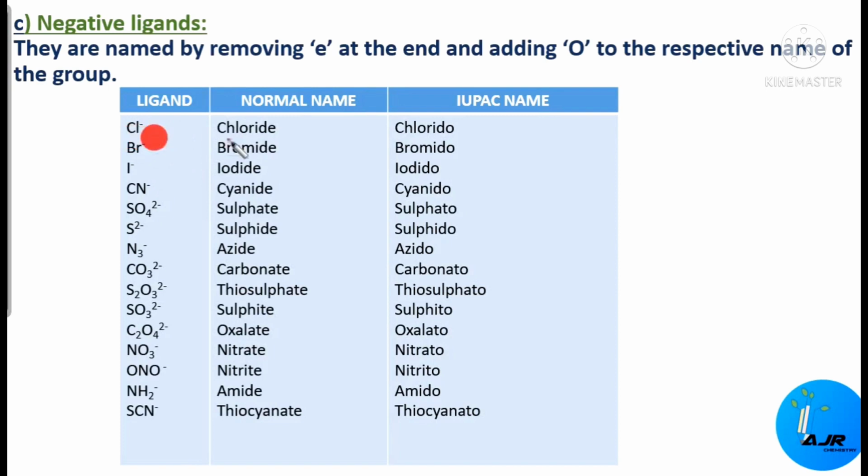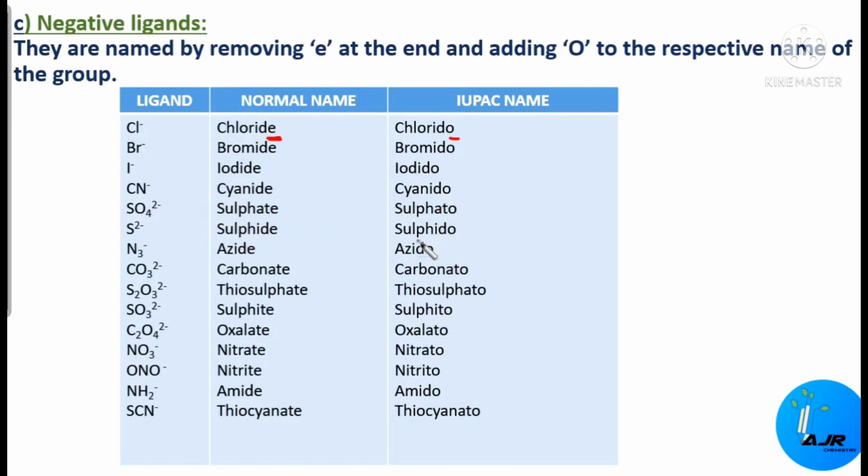Okay. So Cl minus means chloride. The normal name is chloride. We'll be taking out this e, and instead of e, we'll be adding o. So chloride becomes chlorido. Bromide, bromido. Iodide, iodido. Cyanide, cyanido. Sulfate, SO4 2 minus, is sulfate, so e will be replaced by o: sulfato.